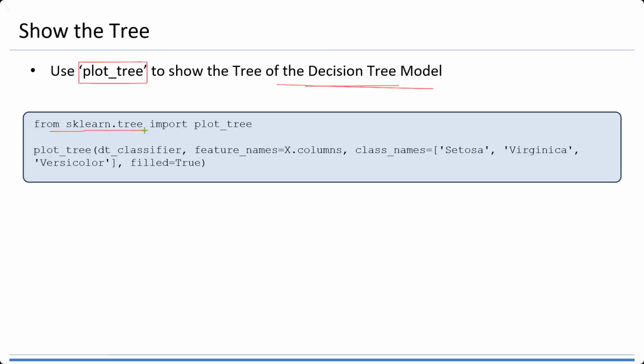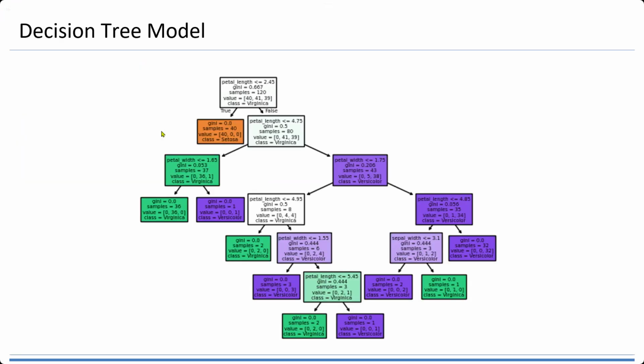We call sklearn.tree, import plot_tree, and the result from the classifier, which is the DT classifier, and we call all the columns from X and verify the class names. In this case, the class names are Setosa, Virginica, and Versicolor. We set filled to True in order to put color into the tree. So this is the decision tree model.